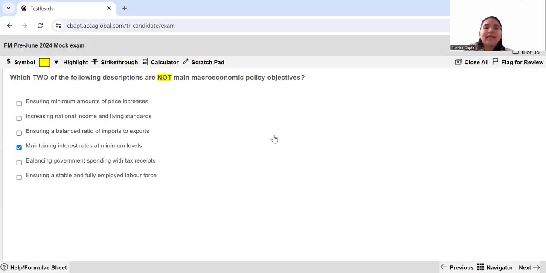Then balancing government spending with tax receipts, again, this is not an objective. The government may even run into a deficit if it is needed to ensure the proper condition of the economy, and may even run into surplus if they want to curb inflation. Then ensuring a fully stable and employed labor force again is an objective, hence will not be your answer.